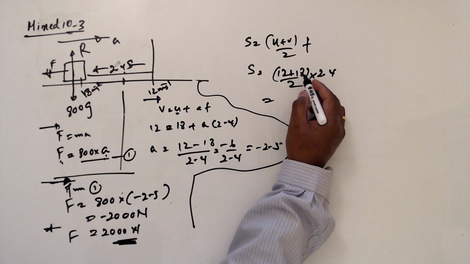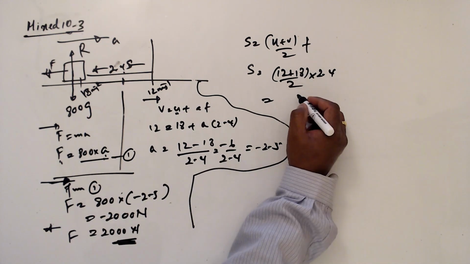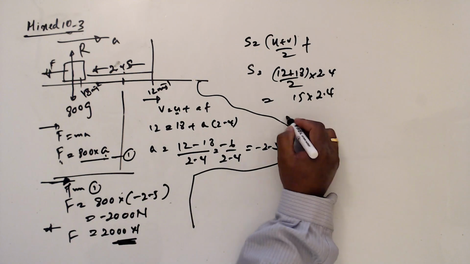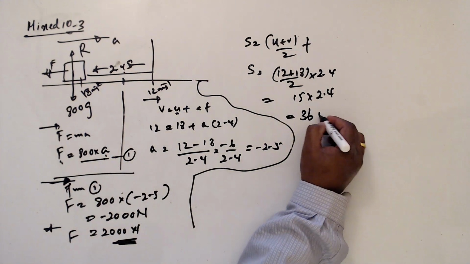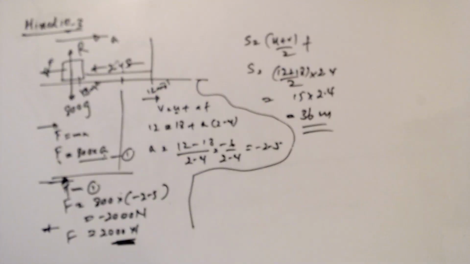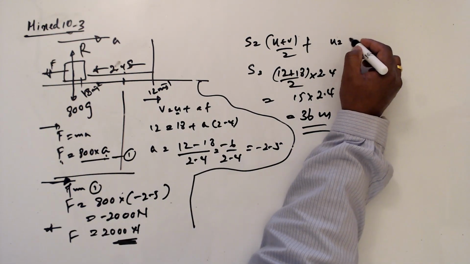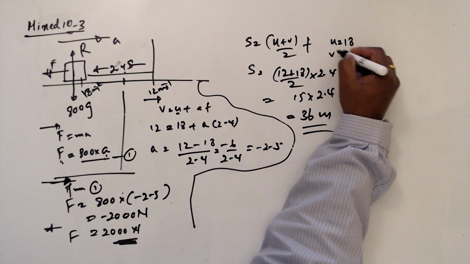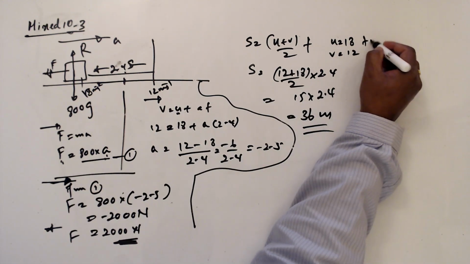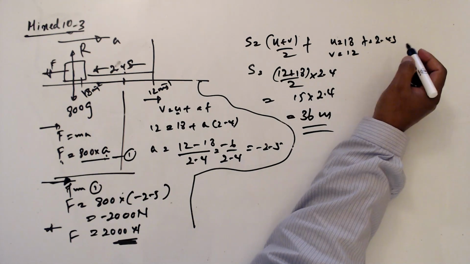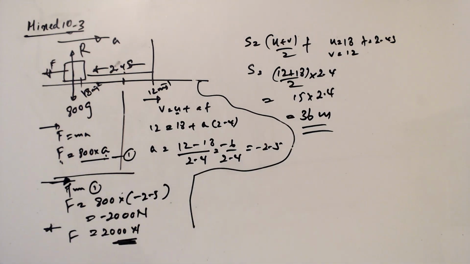So this is 12 plus 18, 30. 30 divided by 2, 15, times 2.4. This is going to be 36 meters. We have to write, we can't just write u equal 18, v equal 12, t equal 2.4, s. Yes, that's all.